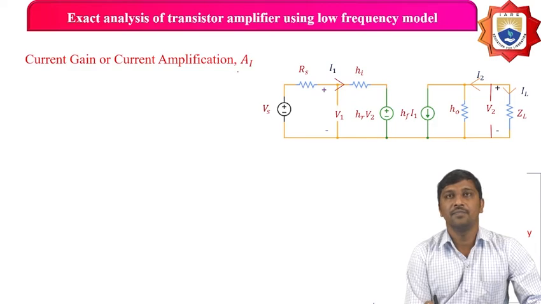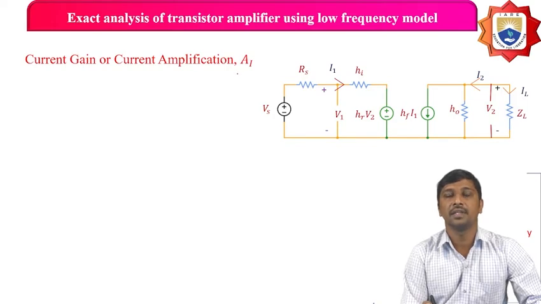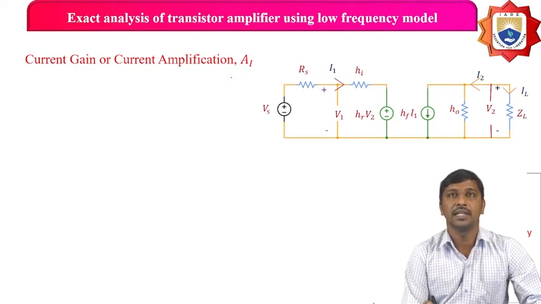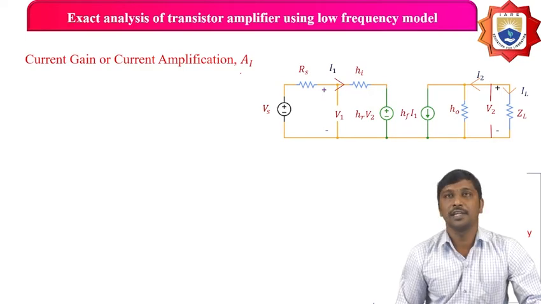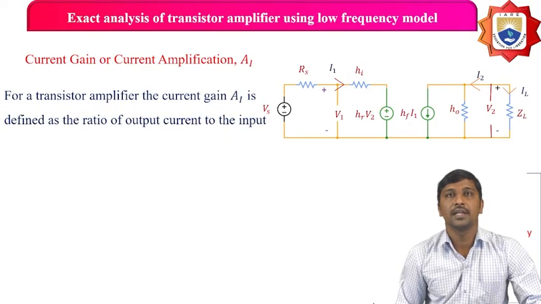In general, we know that gain is defined as the ratio of the output parameter to the input parameter. In this case, we are going to observe it in terms of current. Hence, it is the ratio of output current to input current.